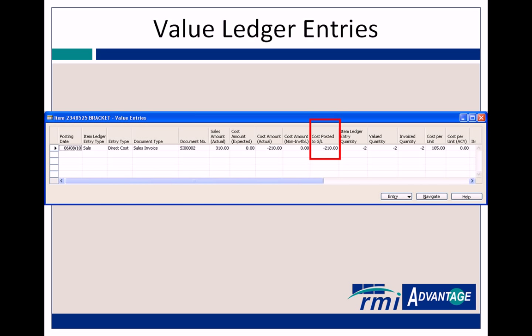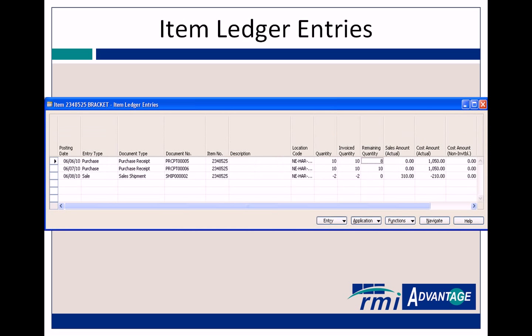Now, these amounts are negative because we're backing that cost out of those accounts because we no longer carry that cost. And in our quantity fields here, you'll see that we have -2 populated because we're accounting for the two that we sold. So what the system is doing is it's chipping away at our quantity on hand.